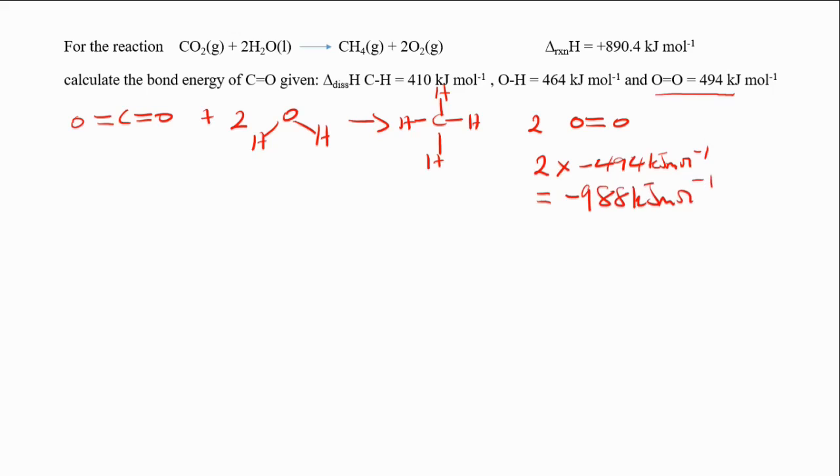Now for methane, we have 4 carbon hydrogen bonds. So that is 4 times minus 410 kilojoules per mole, which gives minus 1640 kilojoules per mole.